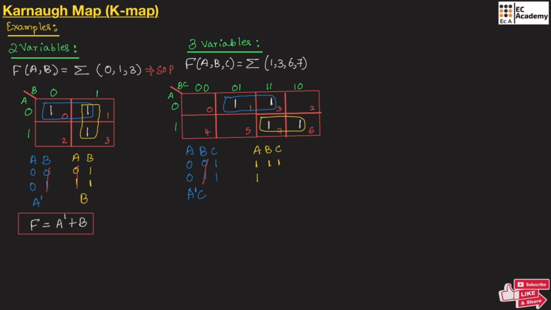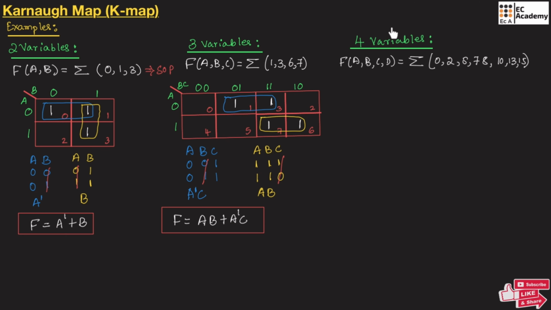Since C has different values, we cancel out C and we are left with A and B, which have the value 1. So finally, the simplified expression is AB plus A dash C, since we have simplified this as a sum of product equation.